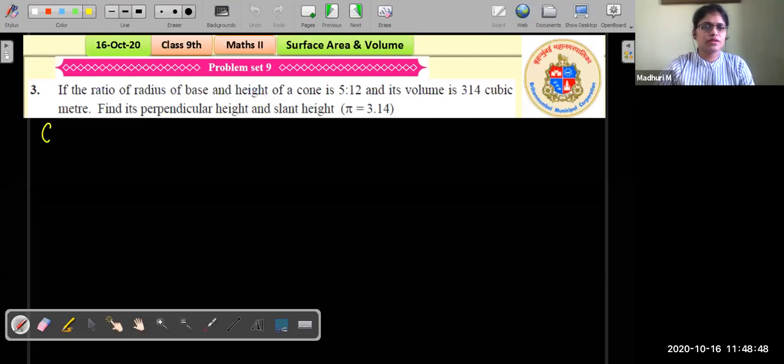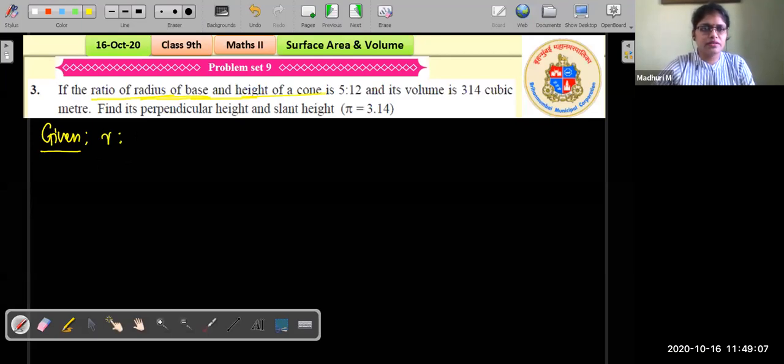Yes, the next question. So what is given here? We are given that the ratio of radius of base and height of a cone is 5:12, right? Let us write it out.